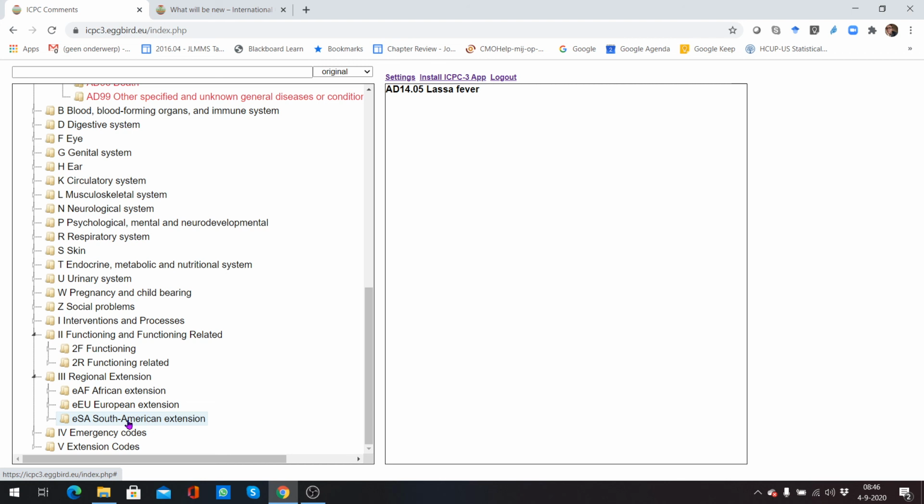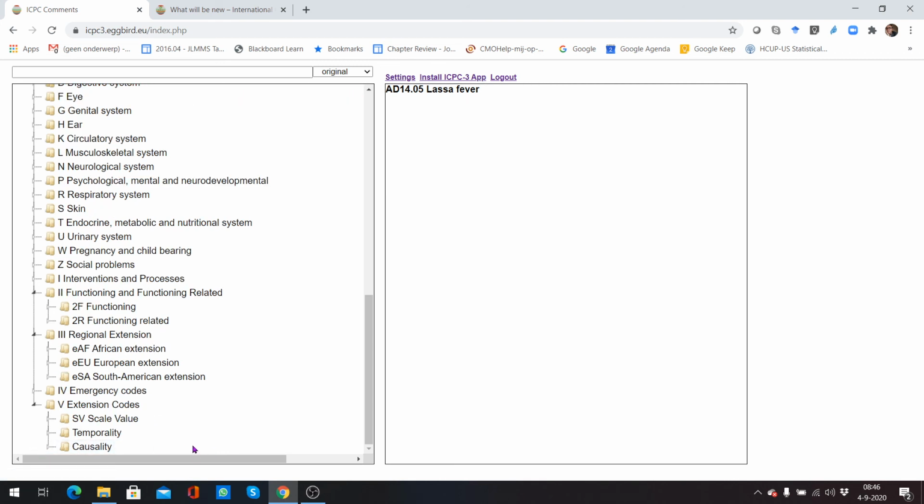And as a final chapter, there are the extension codes. These codes can be used as additional codes or as additional positions to give more details or meaning to the original code if desired. The extension code should not be used without an initial code.